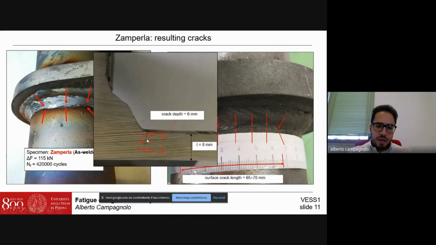Dealing with the depth of the crack, by sectioning this specimen we can measure the depth of the initiated crack, and we have seen that in this case the crack was at a depth of about 6 millimeters, which is close to the total thickness of the tube. However, we cannot say that this is a full thickness crack, since there is still a ligament which can sustain the load.